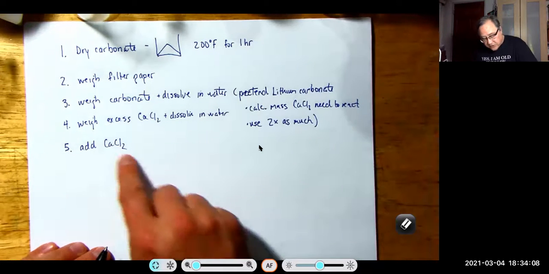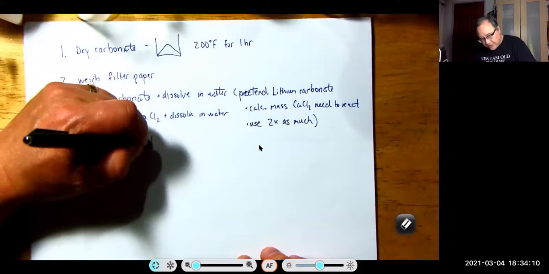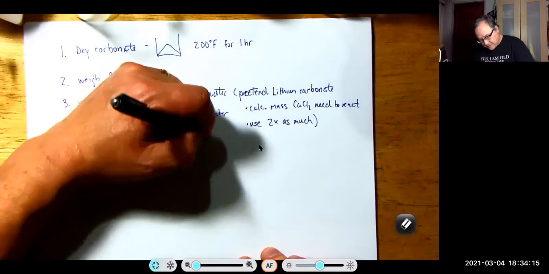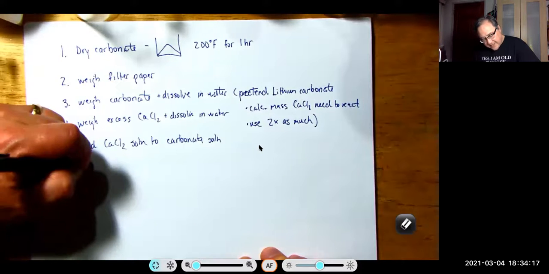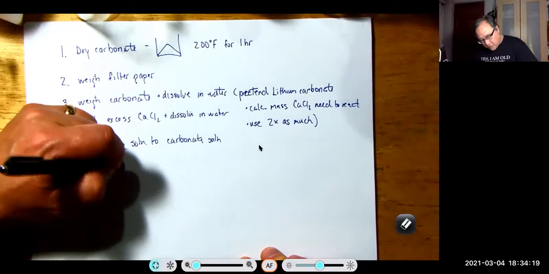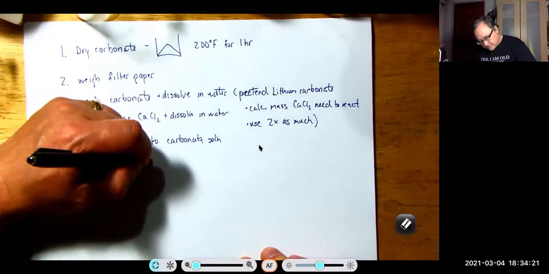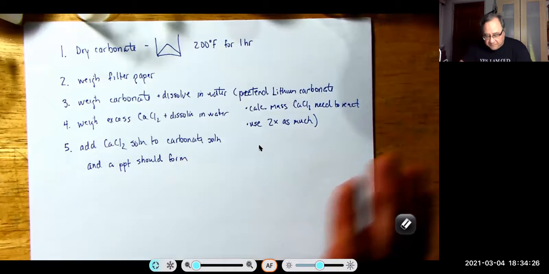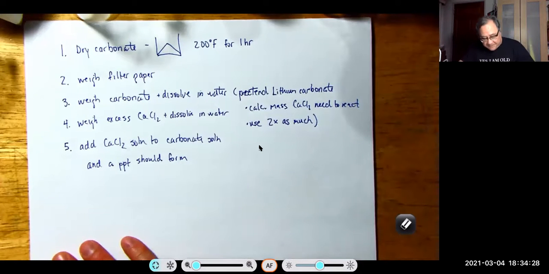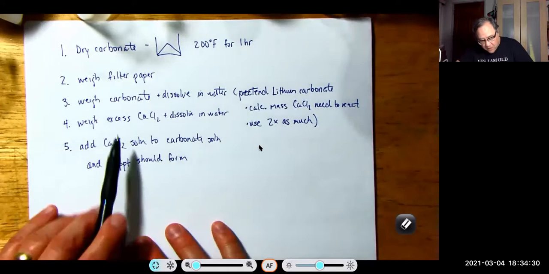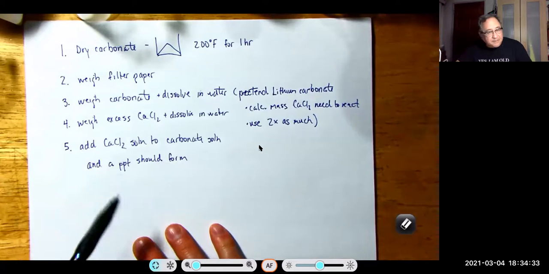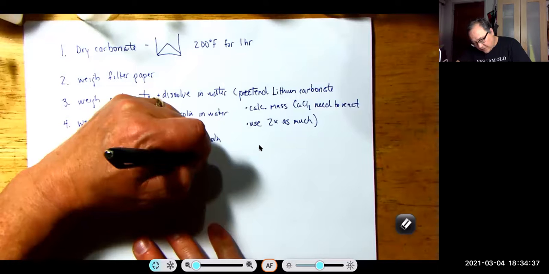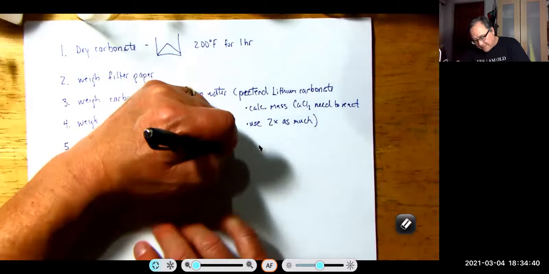Add the calcium chloride solution to the carbonate solution, and a precipitate should form. I was really quick about beginning to filter. You don't really want to do that. Once you dissolve these in water and mix them, you want to let them mix for a while. So mix for, let's say, 5 minutes.